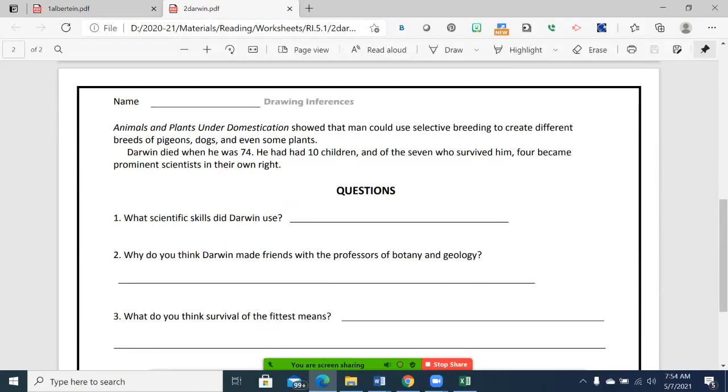So write down what you think. I would probably put something along the lines of he was still interested in the natural world.